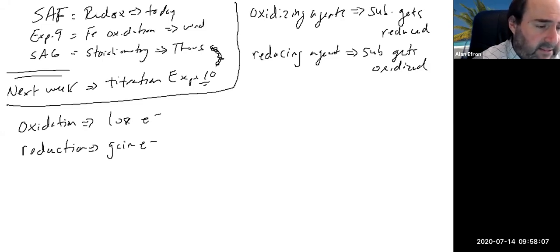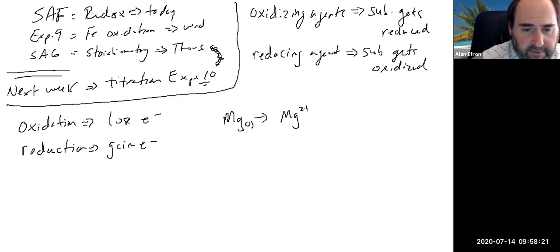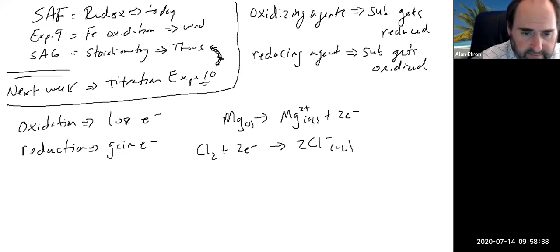So in a basic balancing of equations, if you had something like magnesium goes to magnesium 2 plus plus 2 electrons, and you had something like Cl2 plus 2 electrons goes to 2 Cl minuses, these would be what are referred to as half reactions.